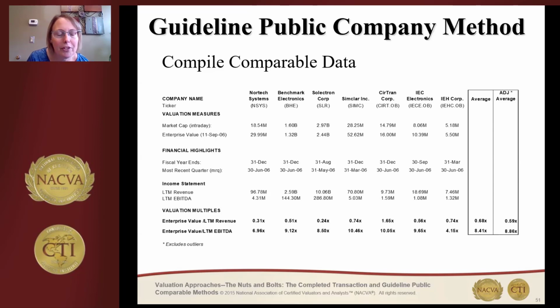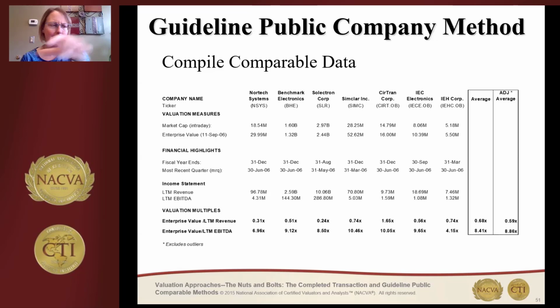We have our revenue and our EBITDA from our income statement, and it's LTM, the last 12 months. And then we have our valuation multiples, the enterprise value over the last 12 months of revenue. Much like the other database we used, we're going to gather this information, put it all into a chart, and then we can take the average of these.